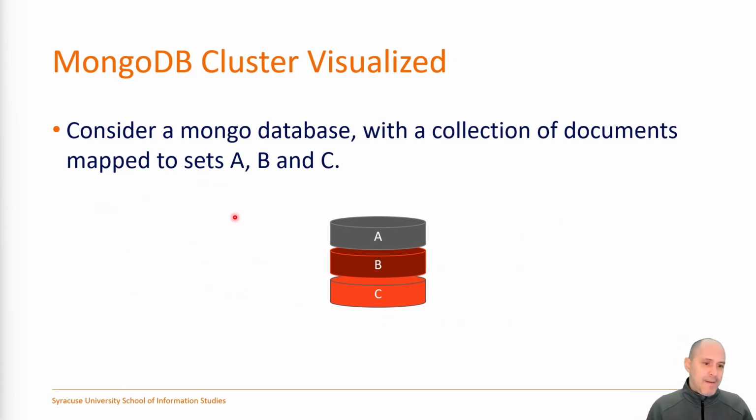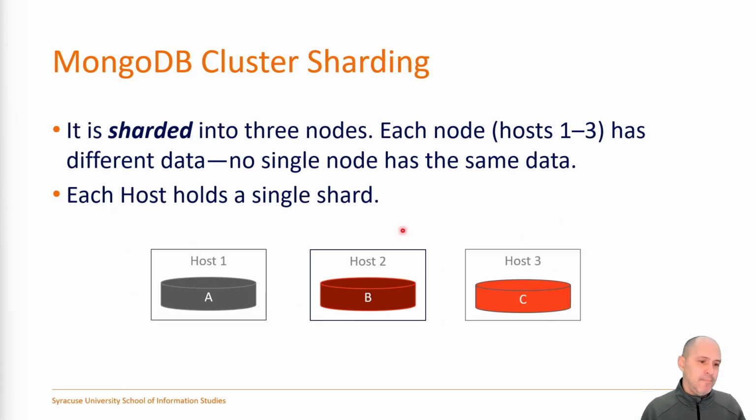So let's think about it again. You have data and you have three shards. You can split those shards up to individual hosts. So now my Mongo cluster has 3 nodes, host 1, host 2, host 3. Each host is holding a shard. What's in the shard depends on the shard key.